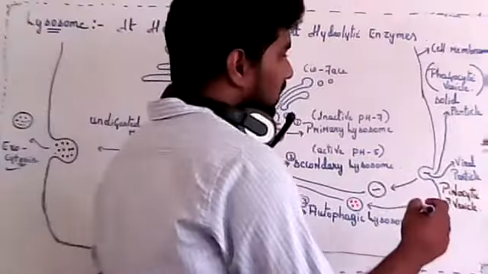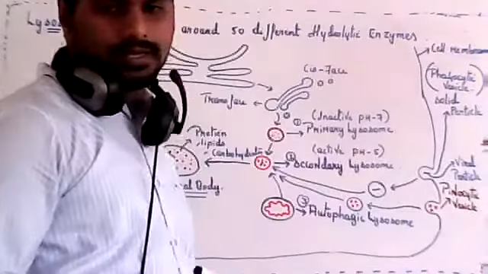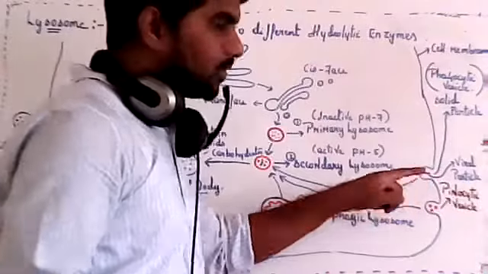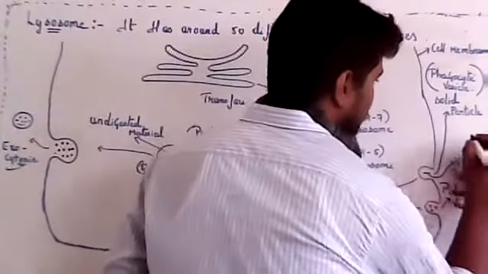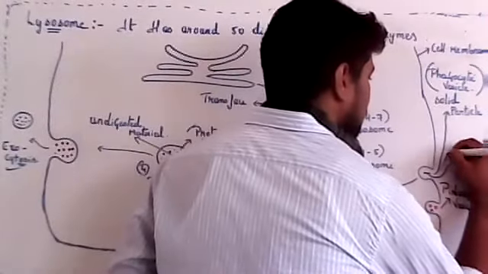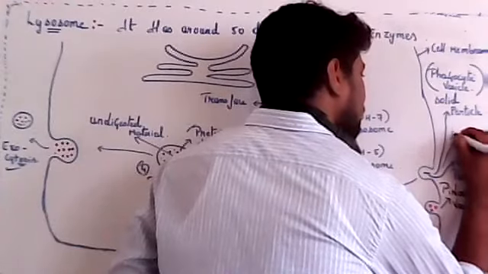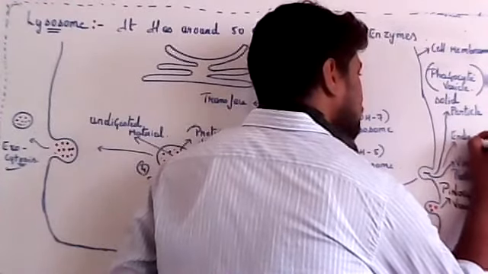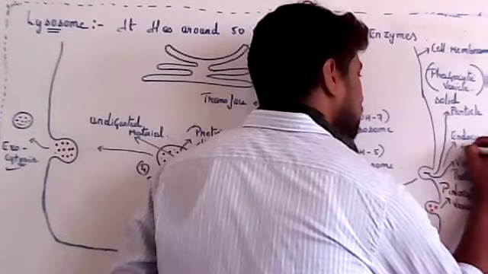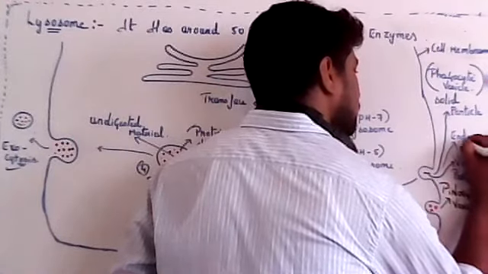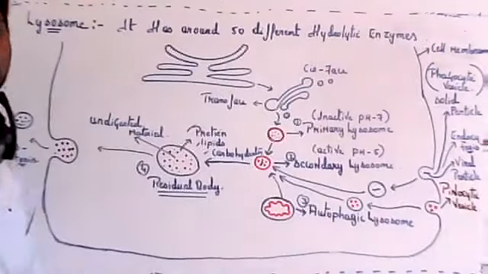Then here a viral particle is going inside. This point is called endocytosis. So the viral particle is moving inside.